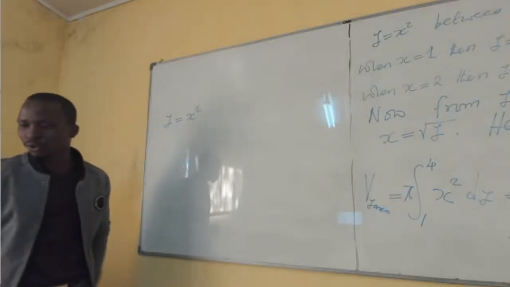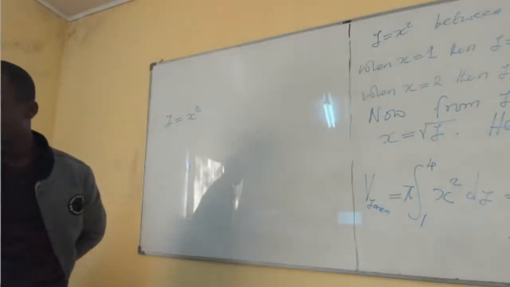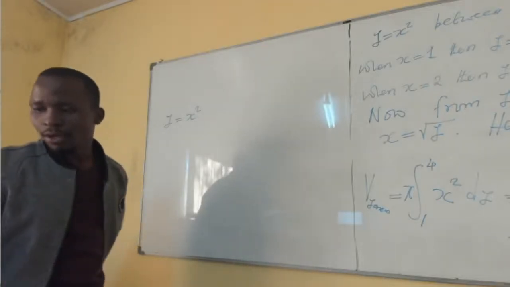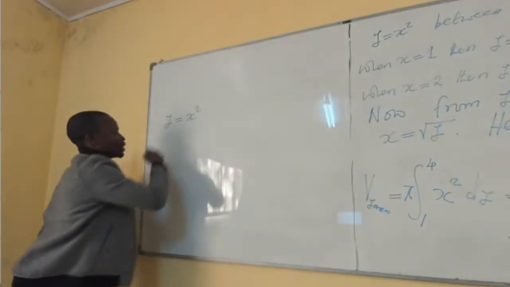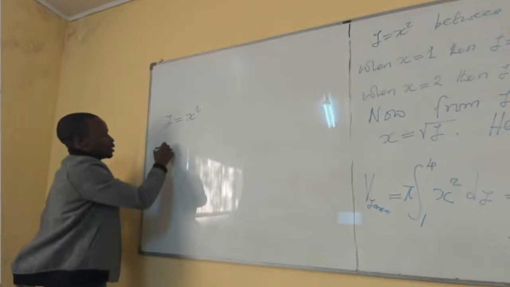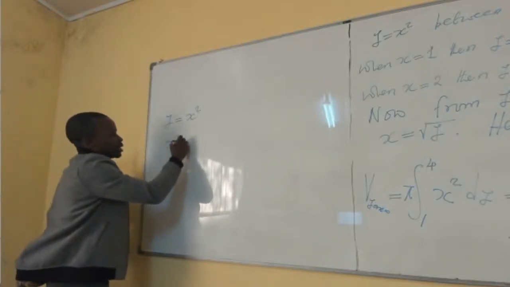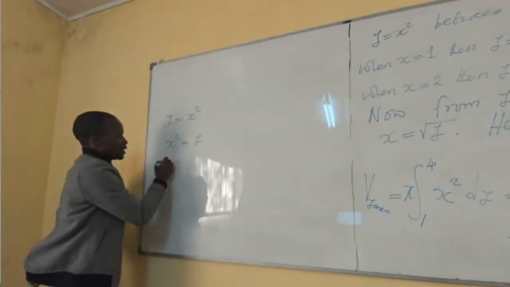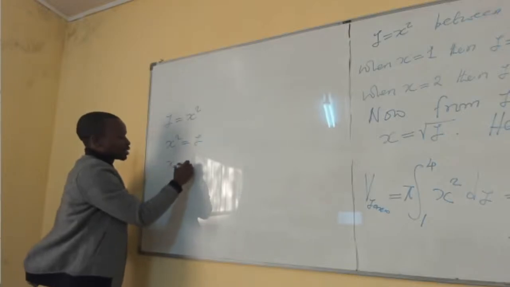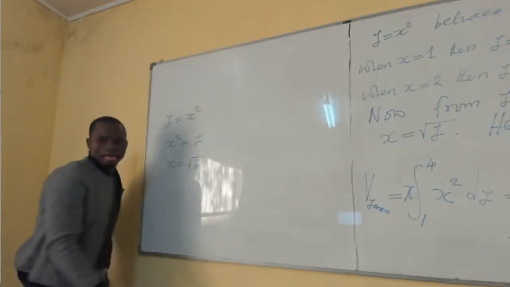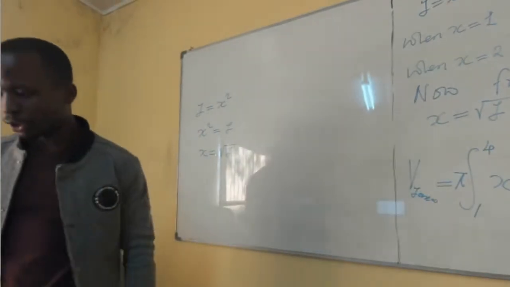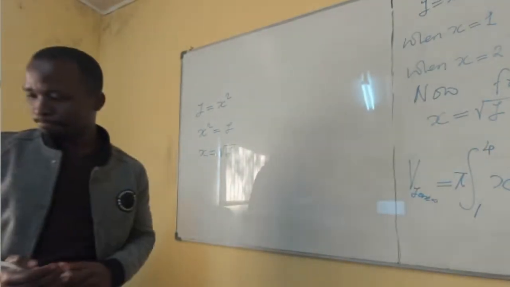If I ask you to solve for y, you are going to say x squared is equal to y. What will be x? This means x is equal to what? The square root of y. I hope I've answered your question.